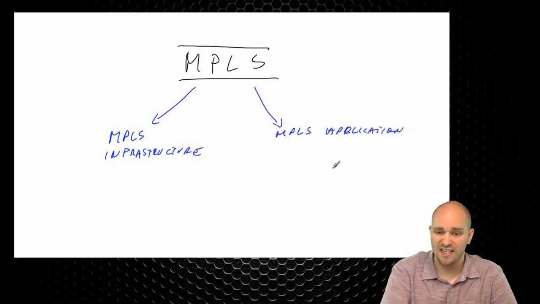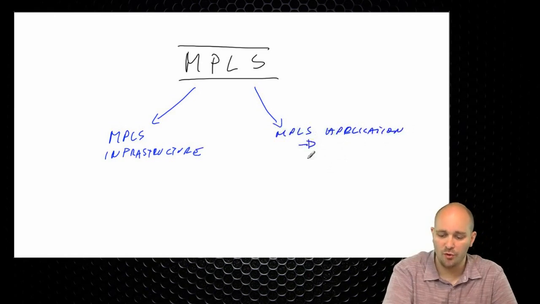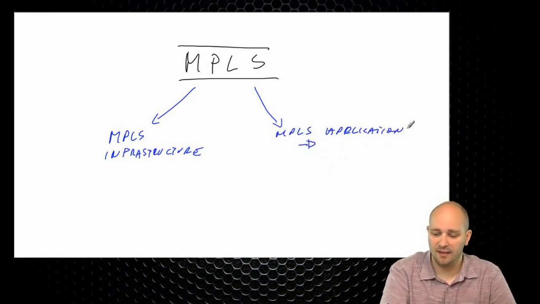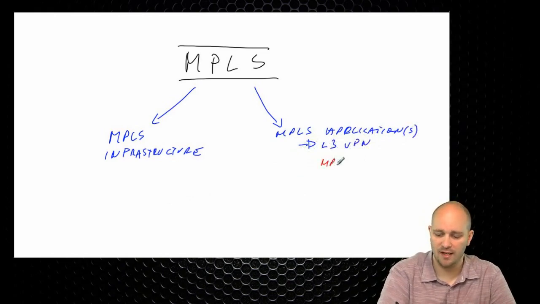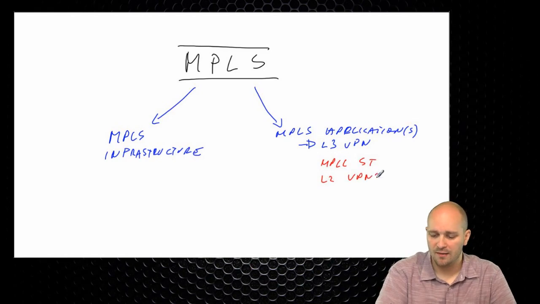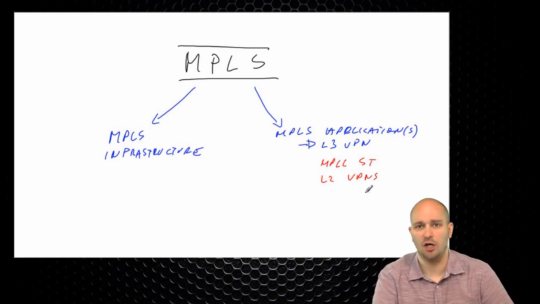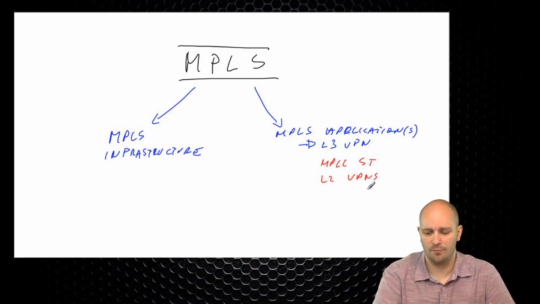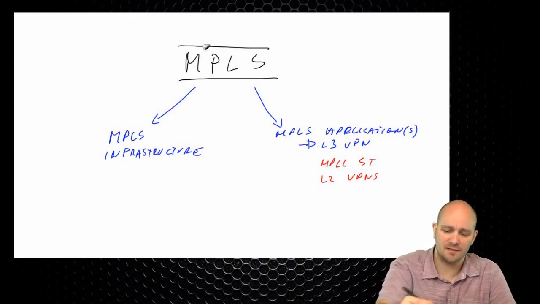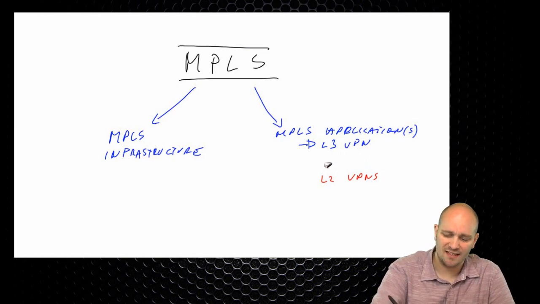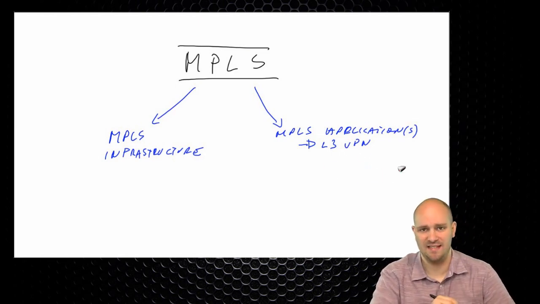And here I should just say MPLS application, because the only MPLS application that you actually care about is layer 3 VPNs. Now, there are other MPLS applications like, for example, MPLS traffic engineering or layer 2 VPNs that you don't really care about for the CCIE routing and switching test, because these technologies are not tested in the exam.